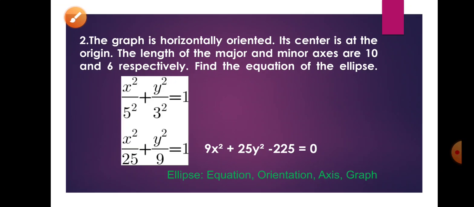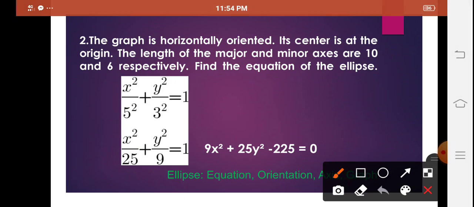So our general equation of the ellipse is 9x squared plus 25y squared minus 225 is equal to 0. How did we get it? Again, we just eliminate fraction in our standard equation of the ellipse. We make use of the least common multiple, that is 225.